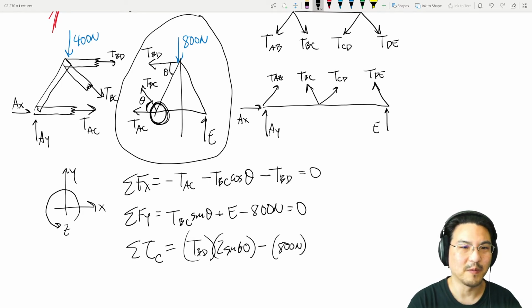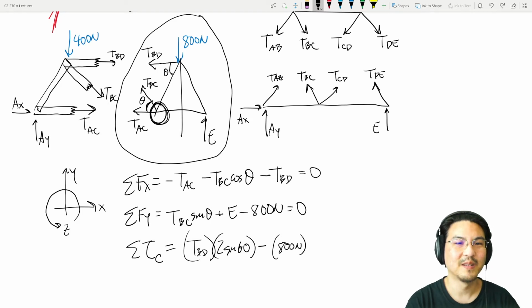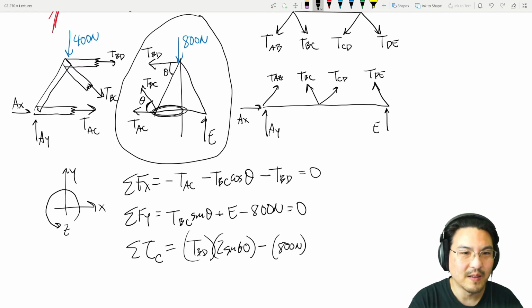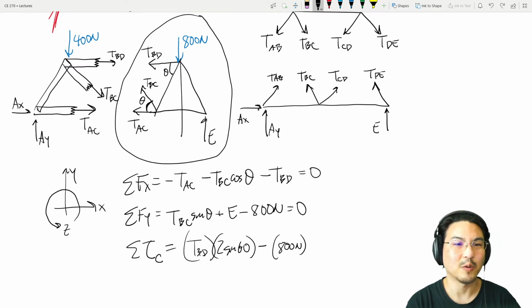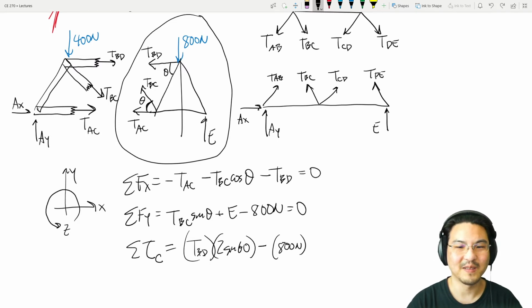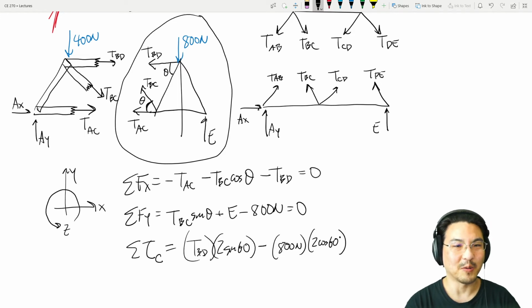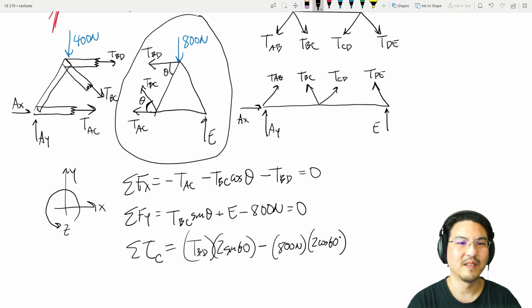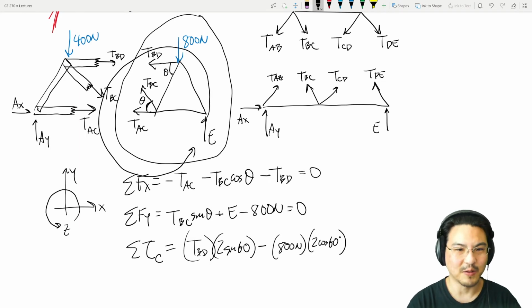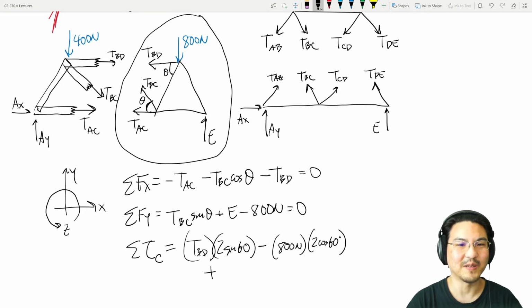And the lever arm from here to here is, right here to here, has got to be 2 cosine 60, because this is the hypotenuse, 2, and this is the angle 60. And this is the adjacent component, so 2 cosine 60. And then there's got to be torque from this force here going counterclockwise, so that is in the positive z direction, and here to here is 2.